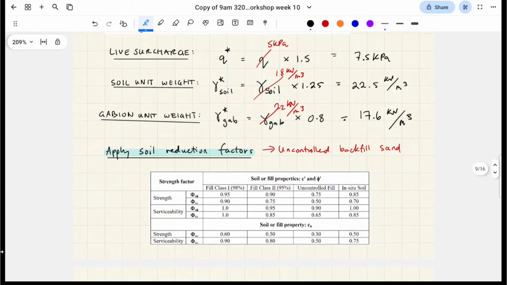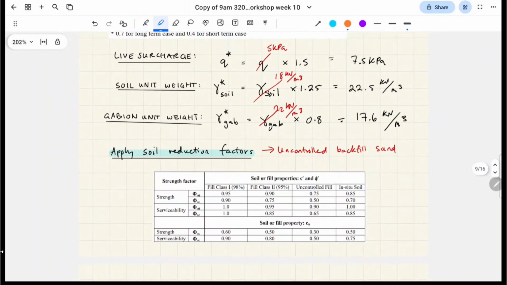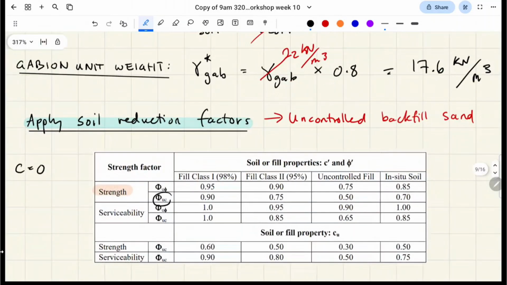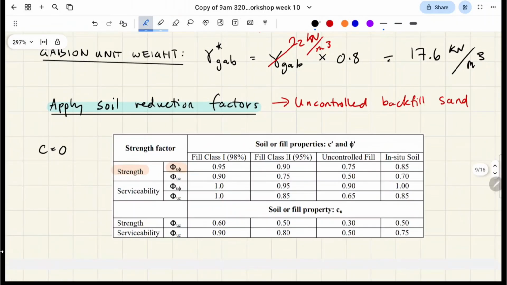Okay, so with soil reduction factors, we're doing strength design, and we're dealing with sand, right? And we have a cohesion of 0, so we don't actually need to look at this row. This row is only a scaling factor for the cohesion component. So we only need to look at this, capital phi u phi. Okay, let me write that up.